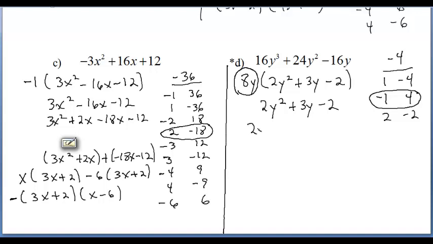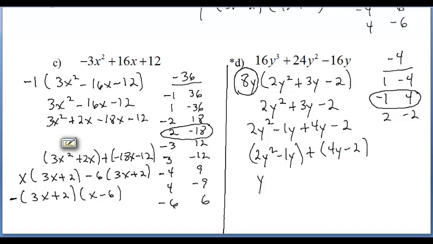So I rewrite my polynomial as 2y squared minus 1y plus 4y minus 2. I'm going to factor by grouping. Remove a y in my first group.